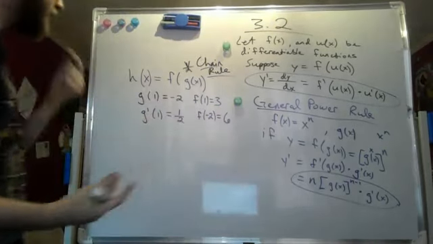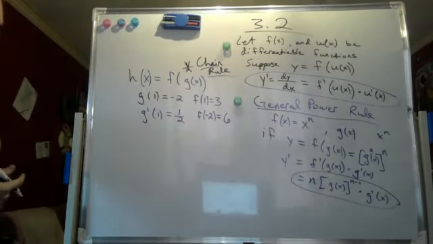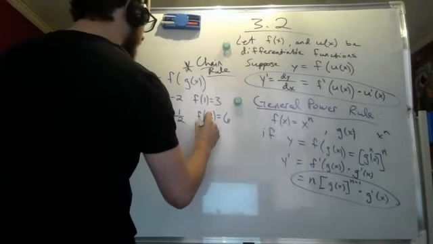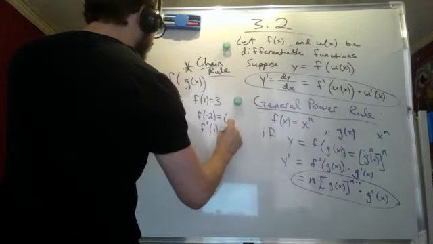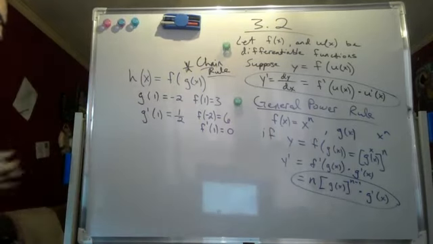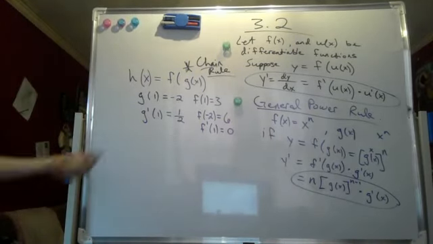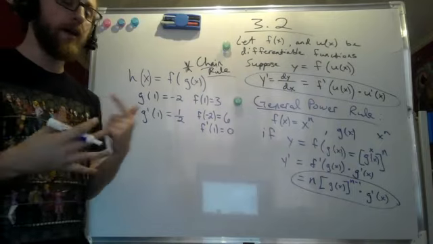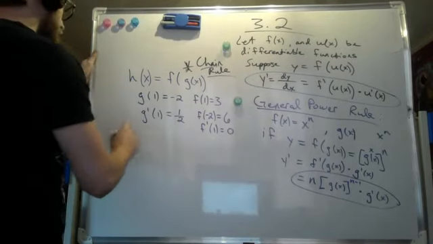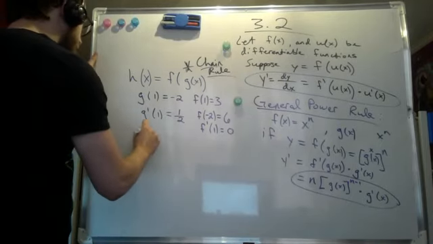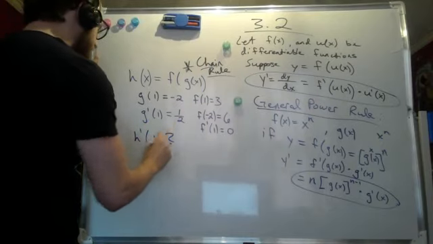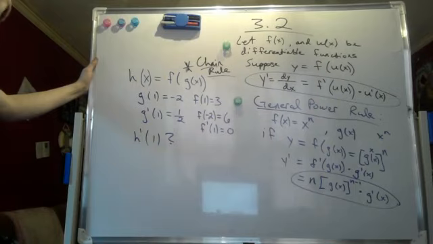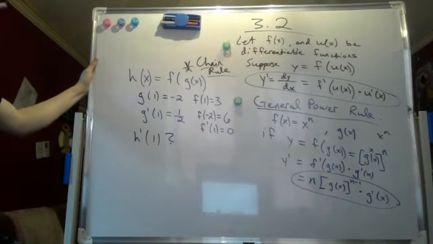And this is all the information they give you. And maybe they also, just for the heck of it, throw in f prime of 1 is 0. Okay, this is what they tell you. They don't tell you anything else about what f and g are. But then they ask you, what is h prime of 1? And this is the question.